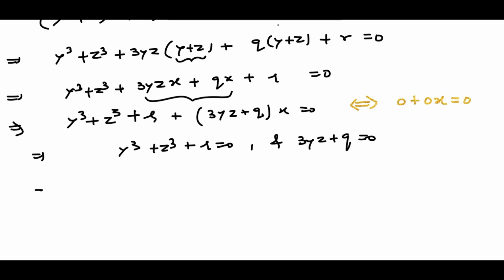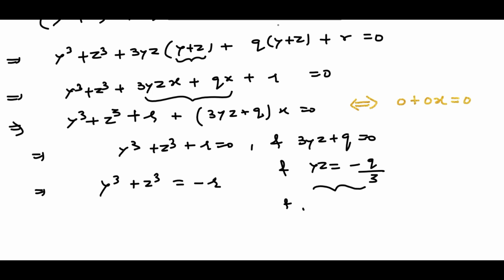So here yz is equal to negative q by 3 and y cube plus z cube is equal to negative r. So we can take the cube on both sides. Here it will give y cube z cube is equal to negative q cube over 3 to the power of 3, that is 27.